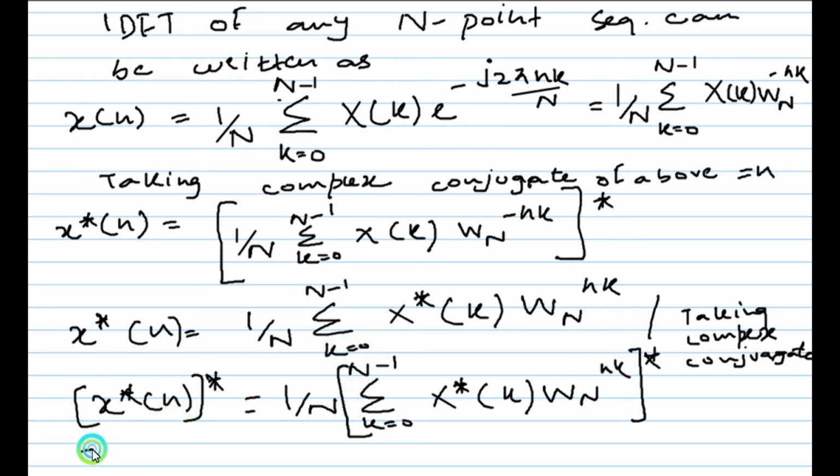So this is basically equivalent to x of n. So x of n will be equivalent to 1 by n summation k running from 0 to n minus 1 x conjugate k Wn nk whole conjugate, fine. So let me go to the next page.